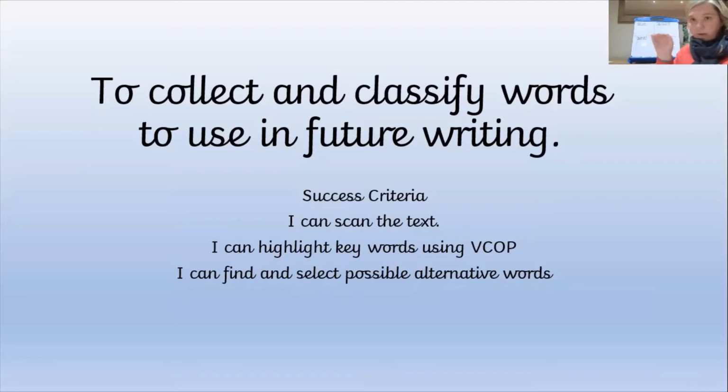That means looking for things in a text. We can highlight words using our VCOP techniques. And I can find and select some alternatives, and that's all about up-leveling our work, isn't it? And making it even better by using even better language than the language that we've already chosen.